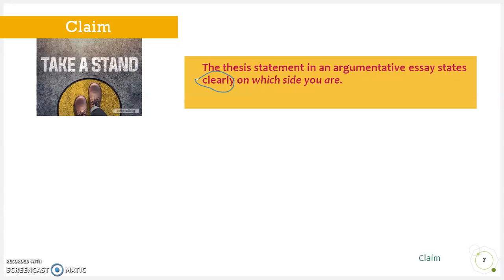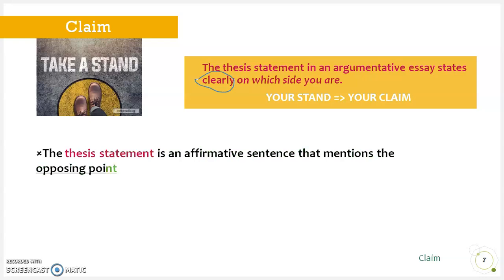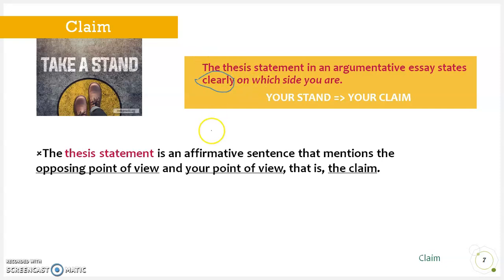So you, as a writer, should specify on which side you stand. Therefore, your stand means your claim. So how do we write the claim? How do we write the thesis statement? The thesis statement is affirmative. That is, you are sure of what you are talking about. That mentions the opposing point of view plus your own point of view, which is your claim.